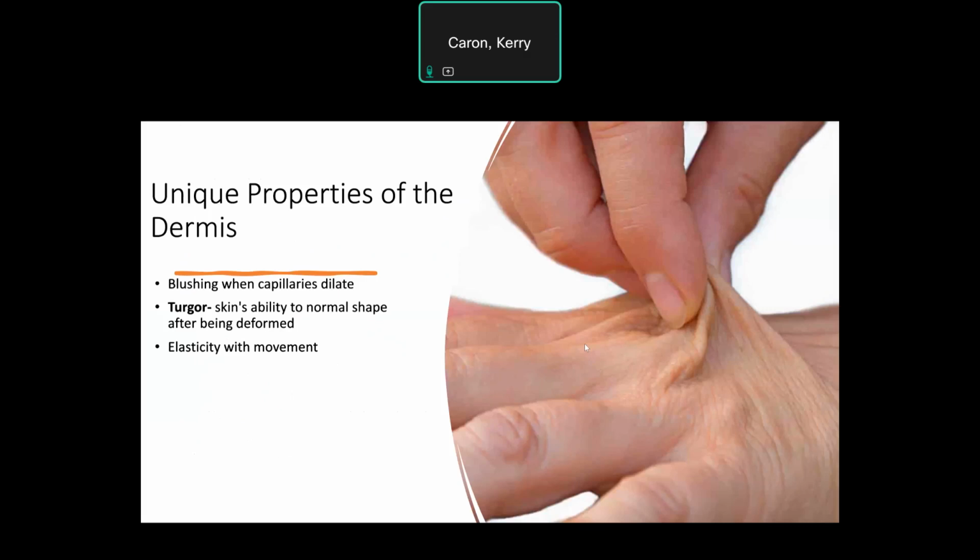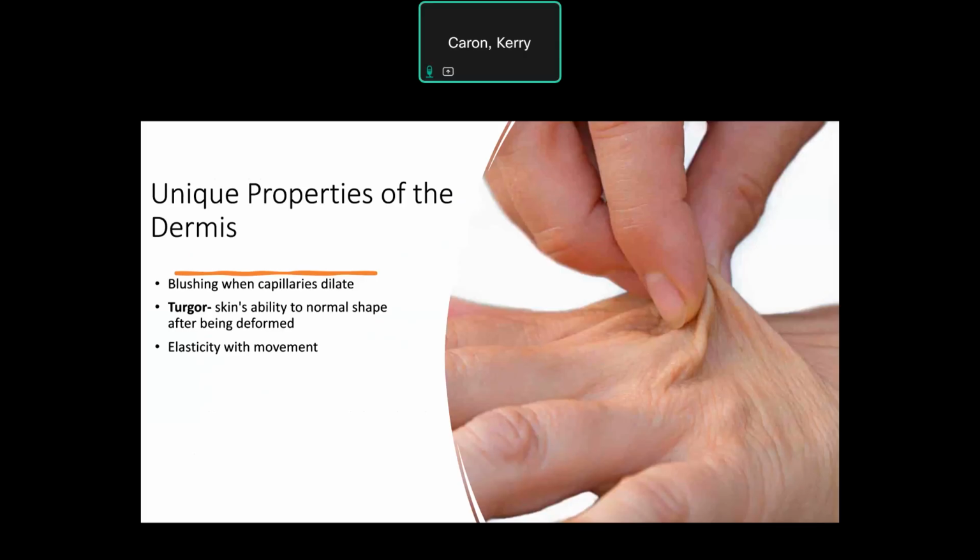And some unique properties about the dermis. The dermis will blush because it has blood vessels, remember, capillaries, and when they dilate, we get that nice pink color. Turgor means the ability of the skin to return back to its normal shape after being pinched or deformed.